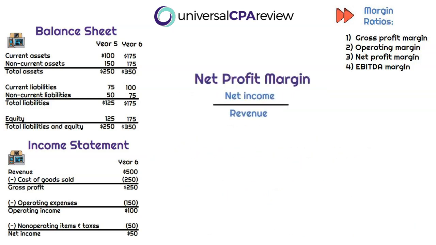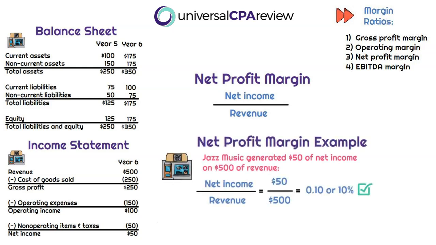As we continue to move down, we now are at net profit margin. This is basically net income or net profit divided by revenue. And net income obviously encompasses all revenue and expenses that the company incurs, regardless whether they're normal course of business or they're just not that common.